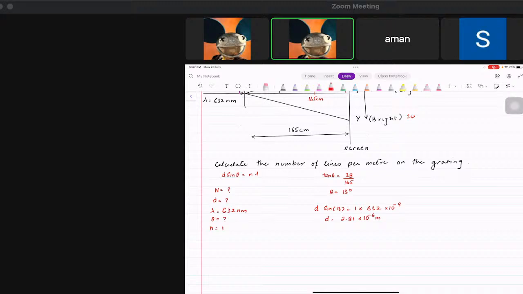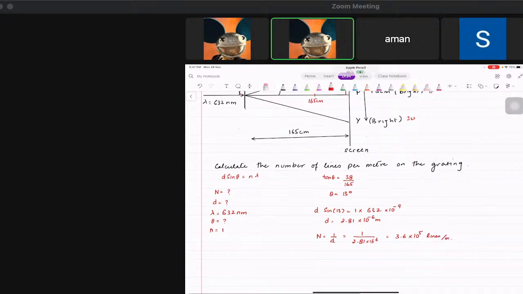And then you can find N by doing 1 upon d. Because d is in meters, and they also need it in meters, that's cool. So then you just need to divide this, and this should come out as 3.6 times 10 raised to power 5 lines per meter, and that's your answer. Is that clear, both of you?